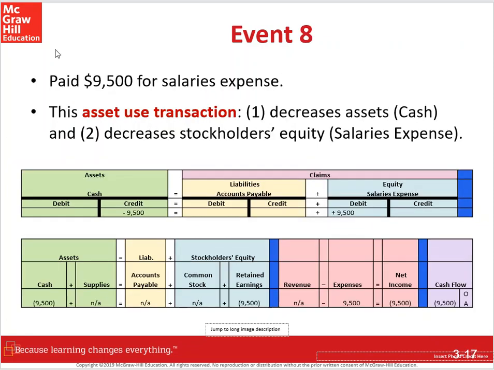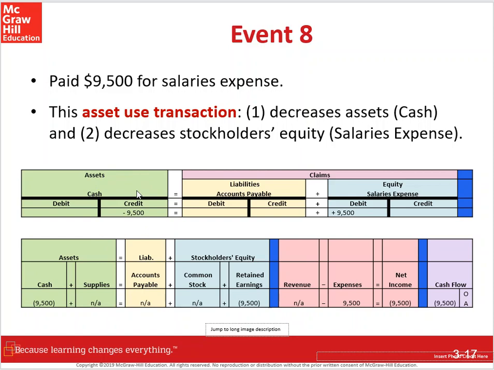Event 8, paid $9,500 for salaries expense. Okay, so we're paying out cash. So cash and therefore assets are going down. So that's got to be a credit, right? Assets are decreasing with a credit. And then we know because we already have a credit, we must have a debit on the other side.